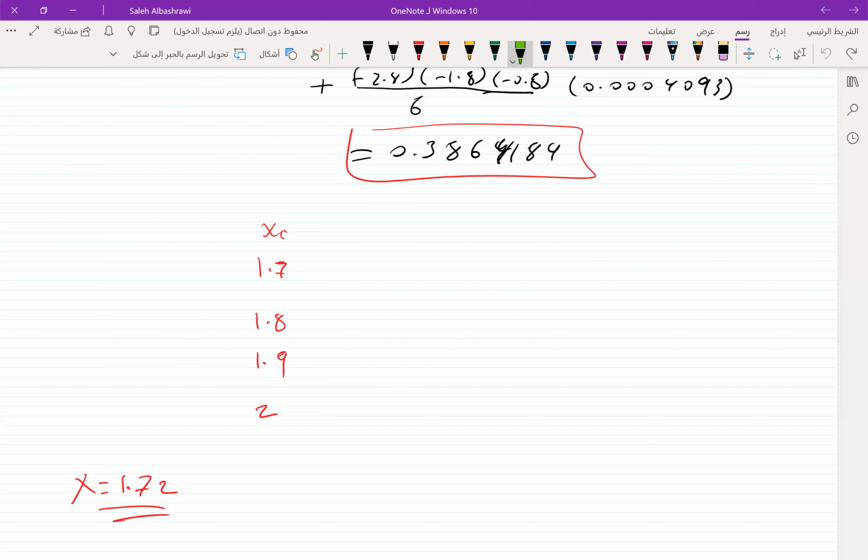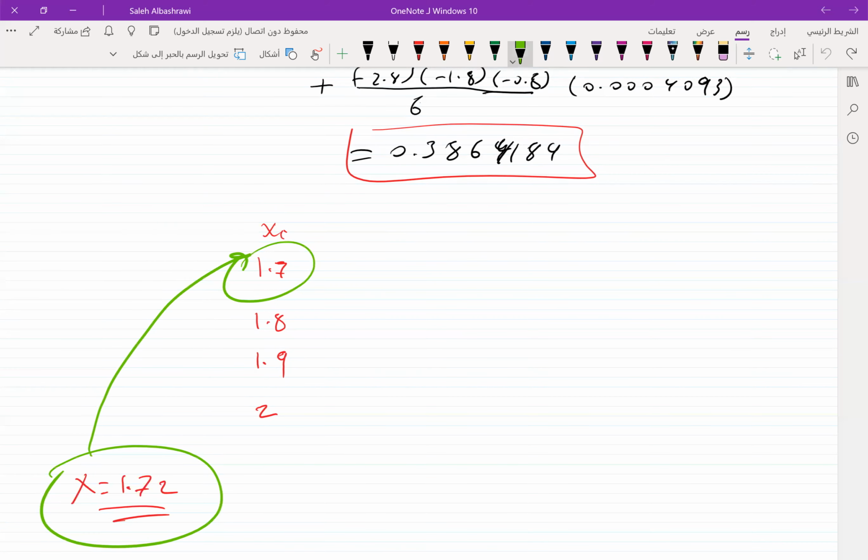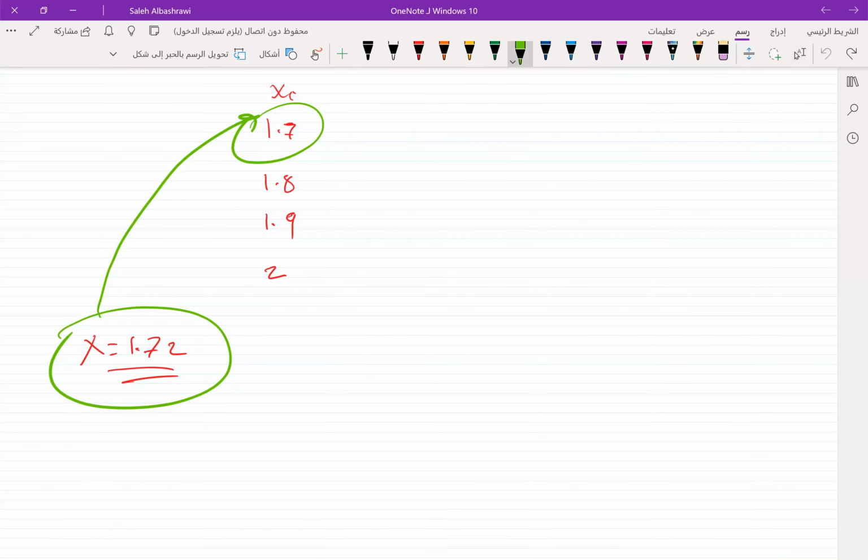Normally, if the value of the given x is very close to the beginning xi, we are using forward. Because 1.72 is very close to the start of the list, that 1.7, it is preferred to use forward.